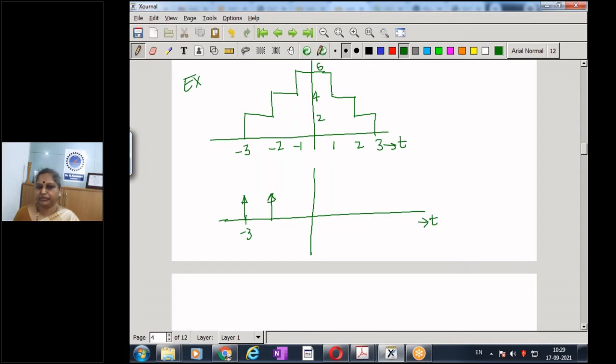Jump by 1. Then I keep walking from -2 till -1, again constant. Then at -1, there is a jump. All these are jumps by 2.